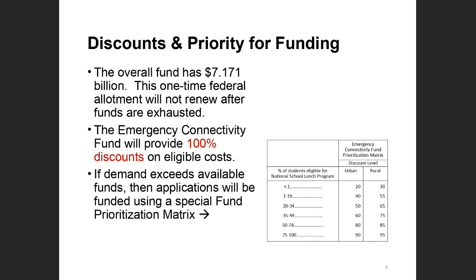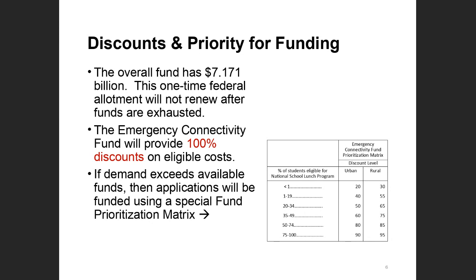That's because E-rate is funded through fees applied to telecommunications invoices rather than allotment of federal tax dollars. The Emergency Connectivity Fund will provide 100% discounts on eligible costs. There are certain restrictions that we'll talk about, but this is not going to be like the E-rate program where you have a set discount rate and you have to pay the difference. The idea is to try to cover 100% of the cost for eligible equipment and services.